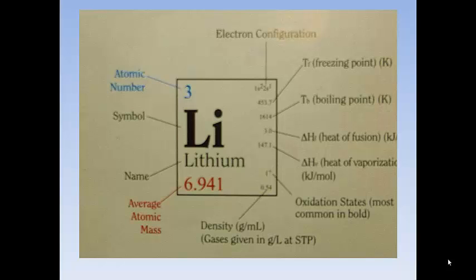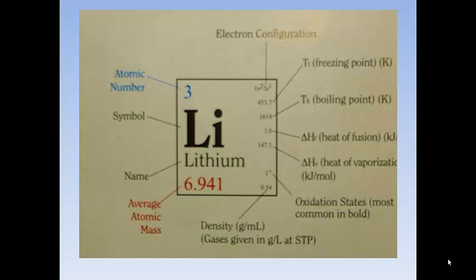Underneath that is the name. And then you have the average atomic mass, the weighted average of all of the naturally occurring isotopes, below that in red. And over on the right-hand side, you see the electron configuration. You'll see the freezing point in Kelvin. Oh, by the way, the temperature in Kelvin is just the Celsius temperature plus 273.